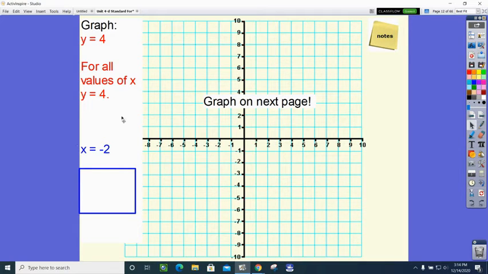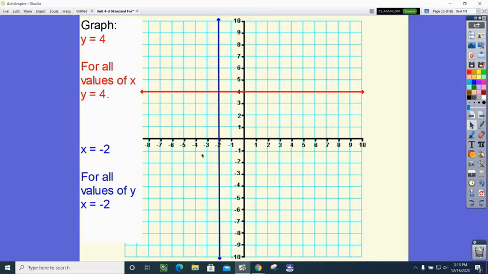4. Now when we go down to x equals -2, every point on this line has an x coordinate of -2. So think (-2, 3), (-2, 4), (-2, -4), (-2, 10). And pretty quickly you see that this is going to be a vertical line going through x equals -2. So look at this blue line, and every point on that line has an x of -2.